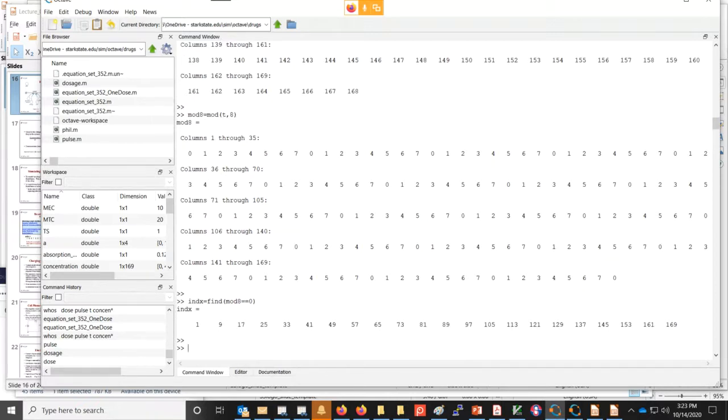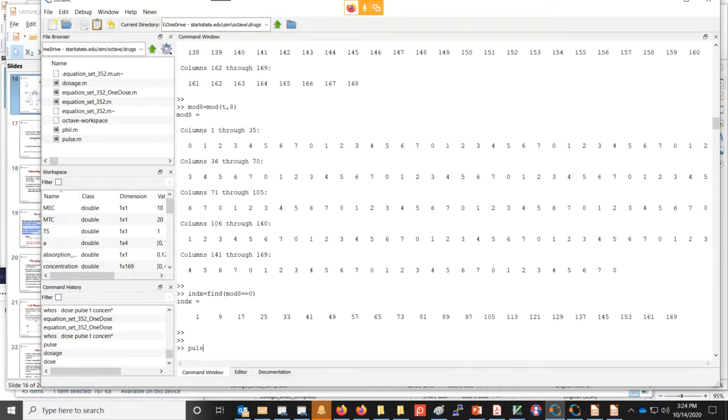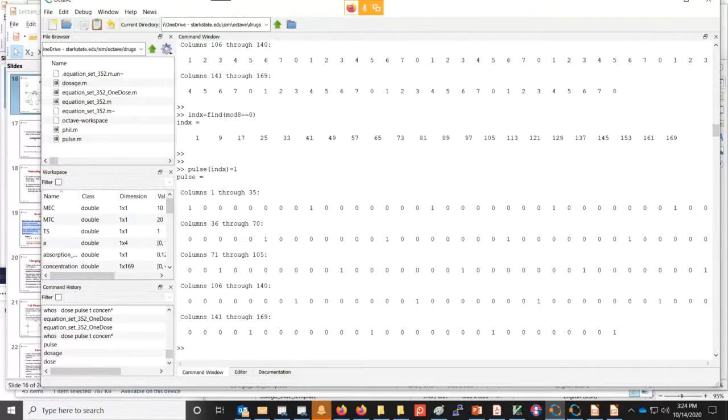So now I've got the mod function and the index function here. And then what I'm going to do is build up my pulse now. My pulse at these indexes is equal to a 1.